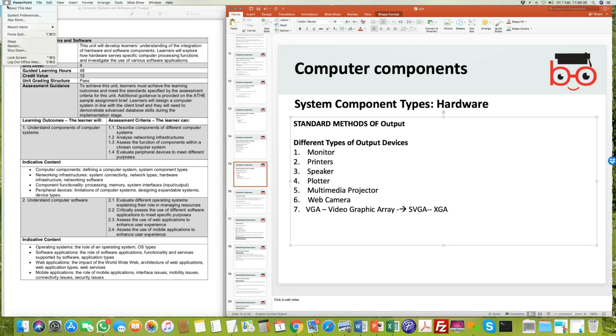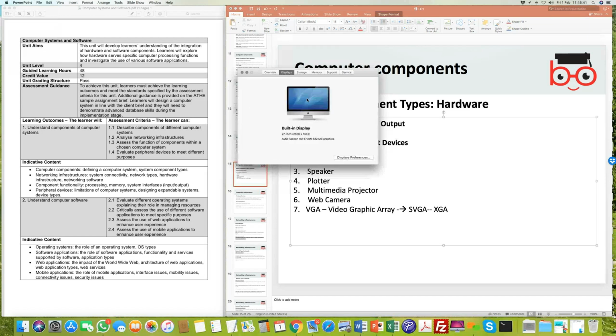Like in my case, if I look at the Mac, and if I look at going into About Us, and I look at display storage, you can see this has a 512 graphics card, and obviously the built-in display allows this resolution. That means these many dots are formed in terms of length and breadth of the monitor, which makes the appearance of an image or any sort of information which is being displayed on the output much clearer, brighter, and better.